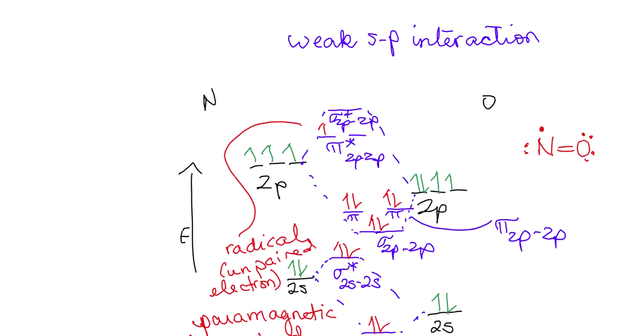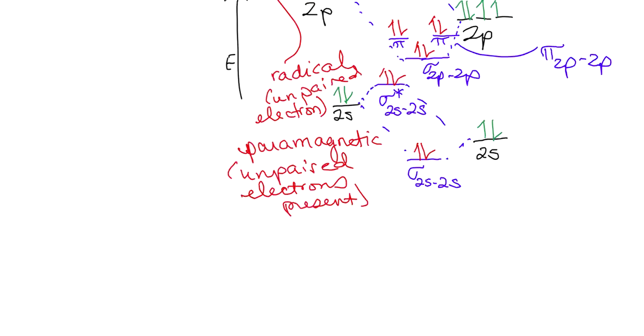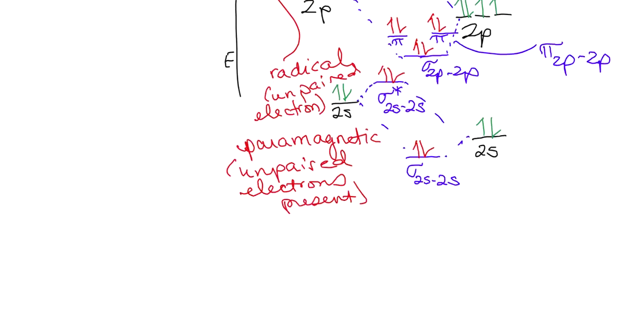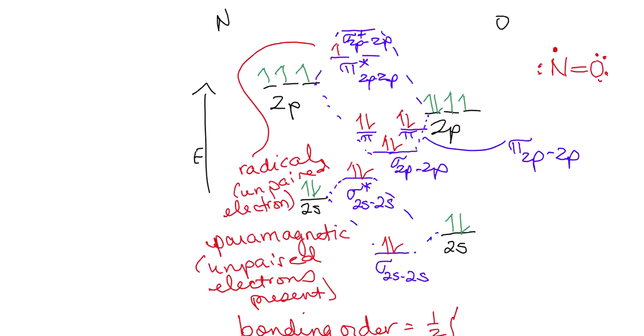Another thing we can determine is bond order. So that's going to be equal to 1/2 of my bonding electrons. And in our diagram, we have 1, 2, 3, 4, 5, 6, 7, 8.